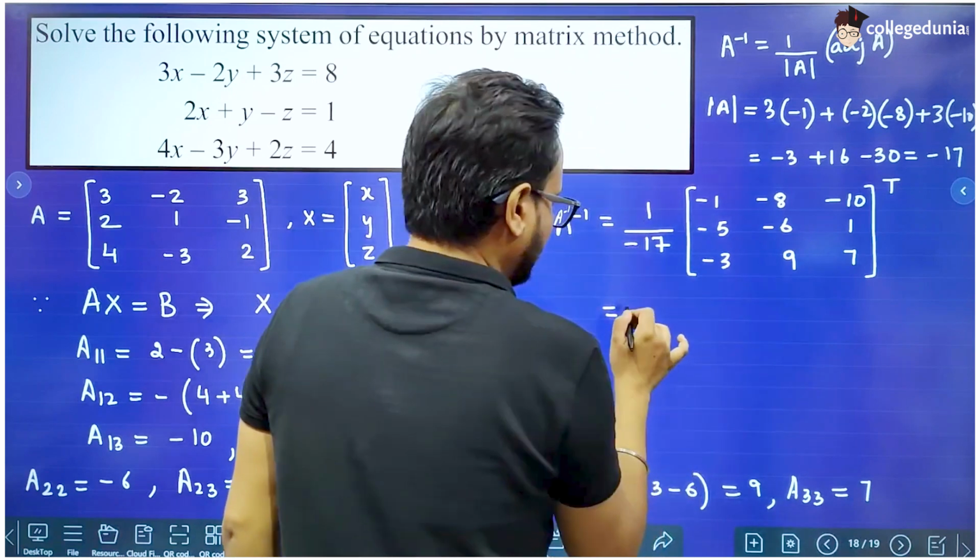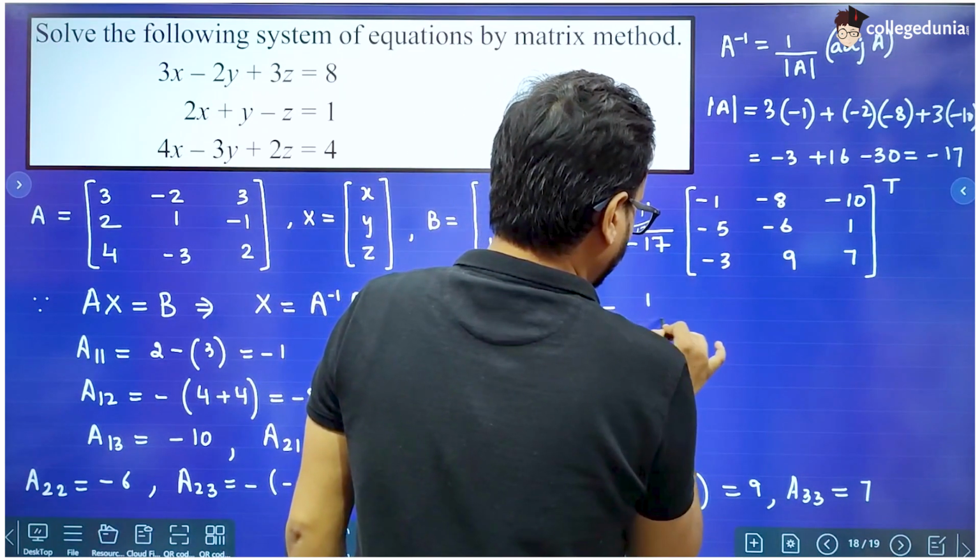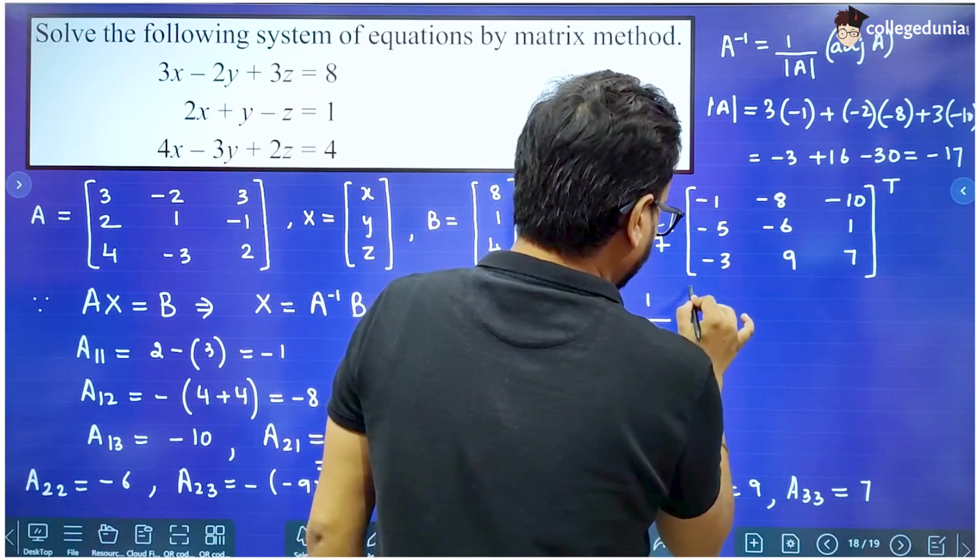So inverse is 1 upon minus 17 into the transposed matrix.